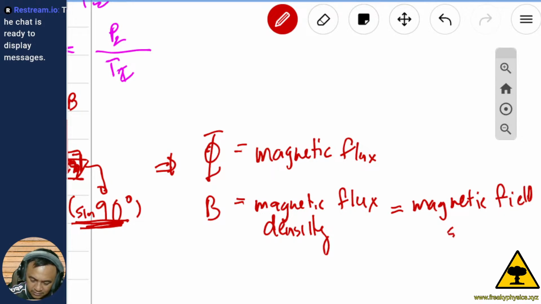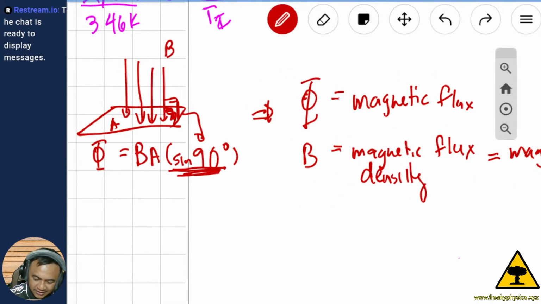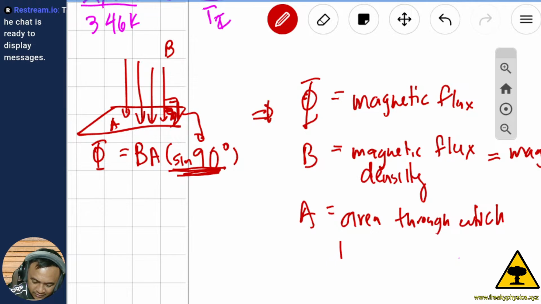And then of course the last one here is we will define A as the area of some area through which the magnetic field passes through.